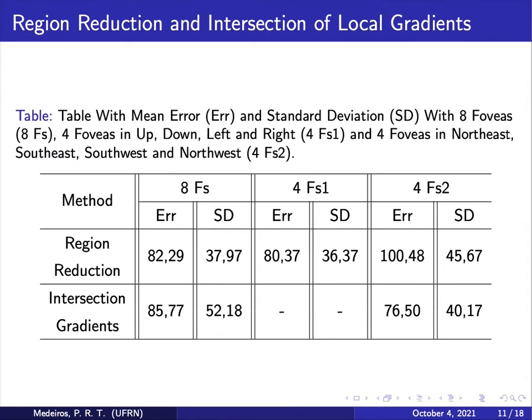These results demonstrate that the mean error of local potential methods is greater than 76 pixels, and there is a scattering of errors generating a high standard deviation. This information indicates that the methods may not converge to the target position.